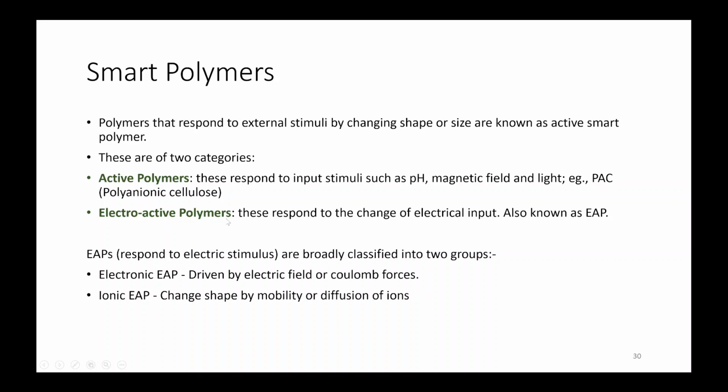Electroactive polymers, also known as EAP, respond to change of electrical input, and are broadly classified into two groups: electronic EAP and ionic EAP. Electronic EAP is driven by electric field or Coulomb forces, and ionic EAP changes shape by mobility or diffusion of ions.